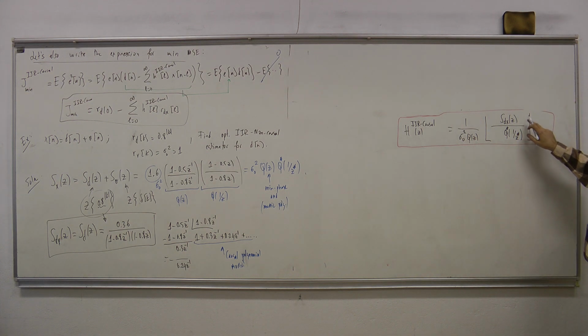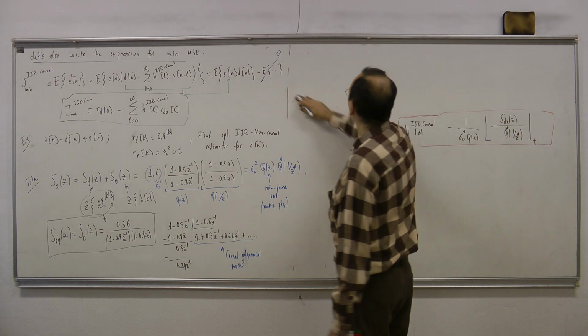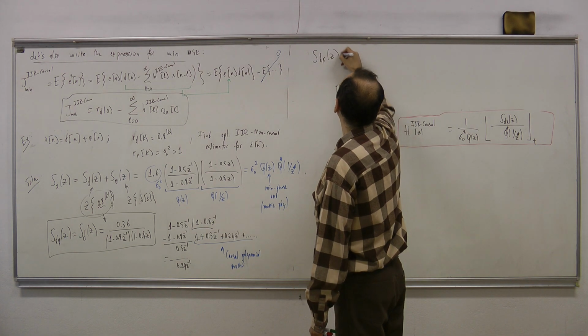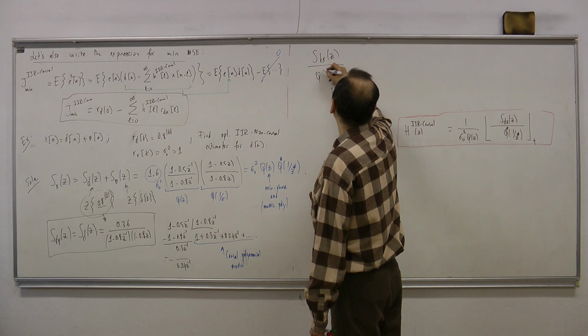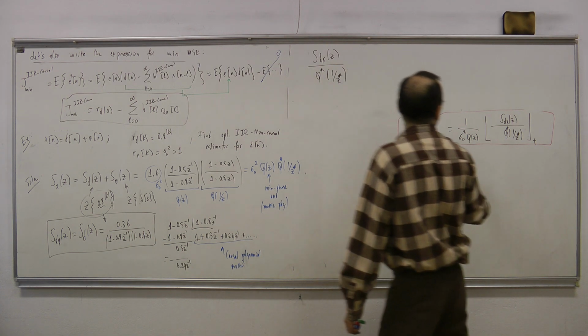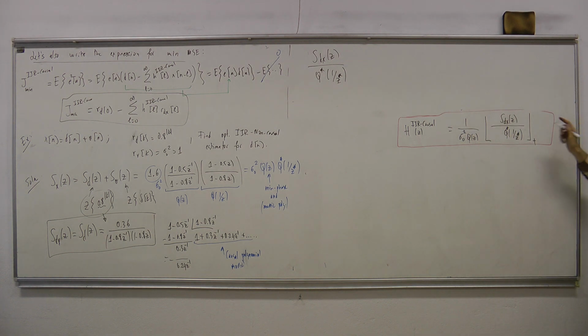Then what should I do? I should do this division. Then S dx of Z divided by Q. Let me put the conjugates just to be compatible with this.